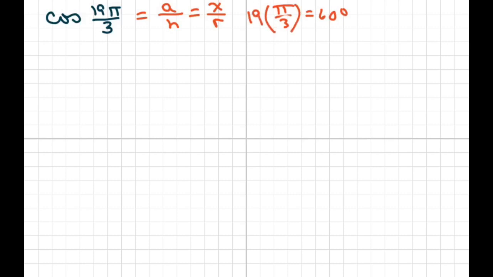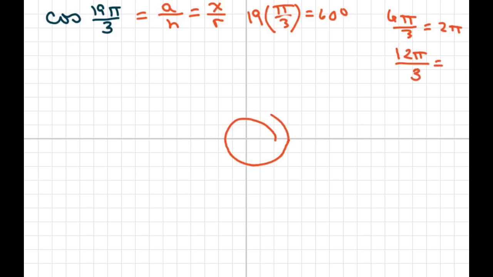Now, if we had 6 of them, 6 pi over 3, that gives you your 2 pi, so that would be all the way around here. And if you had 12 pi over 3, that would give you 4 pi, all the way around again.